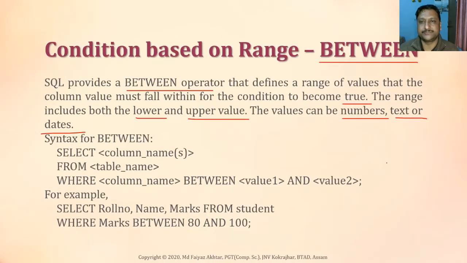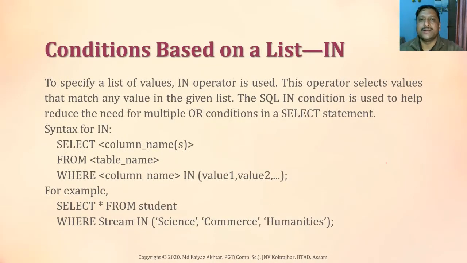Okay. So next, condition based on a list. The in operator we will use to specify a list of values. In operator is used. This operator selects values that match any value in the given list. The SQL in condition is used to help reduce the need for multiple OR condition in the select statement. Actually, what happened?